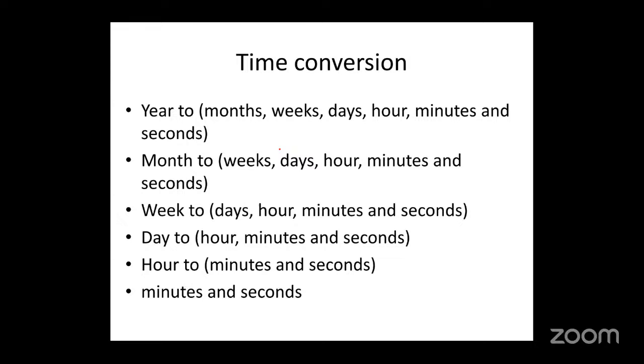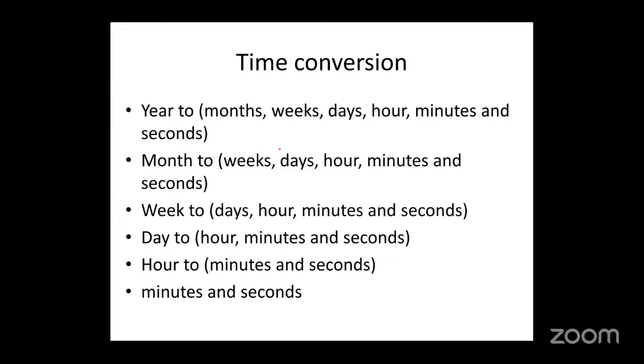So if we are to convert year to second, you have to break it down. How many months do we have in a year? We have 12 months. How many weeks do we have in a year? We have 52 weeks. How many days do we have in a year? 365 days, except it's a leap year.